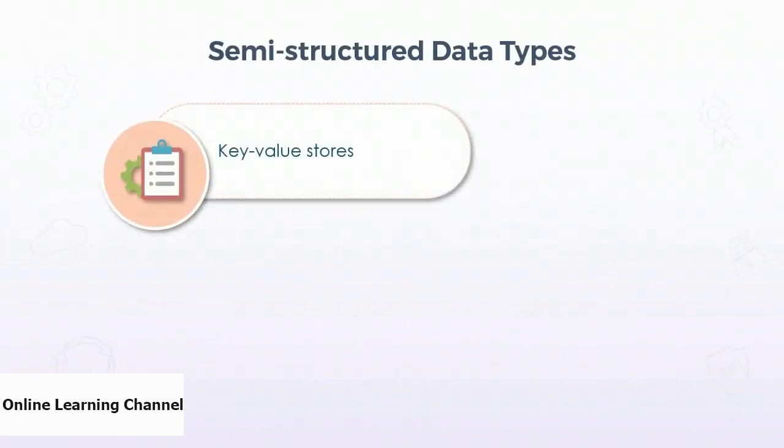Then there's semi-structured data. One example of this is a key value store. Microsoft Cosmos DB is an example of a key value store. Every record is referenced by a unique key. There are no inherent predefined relationships among these records, and hence it's not relational. Think of a big flat list of records, every one with a unique key used to reference it.